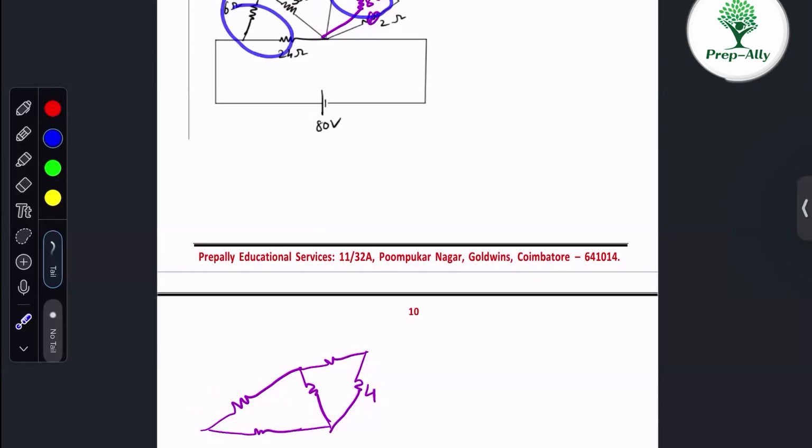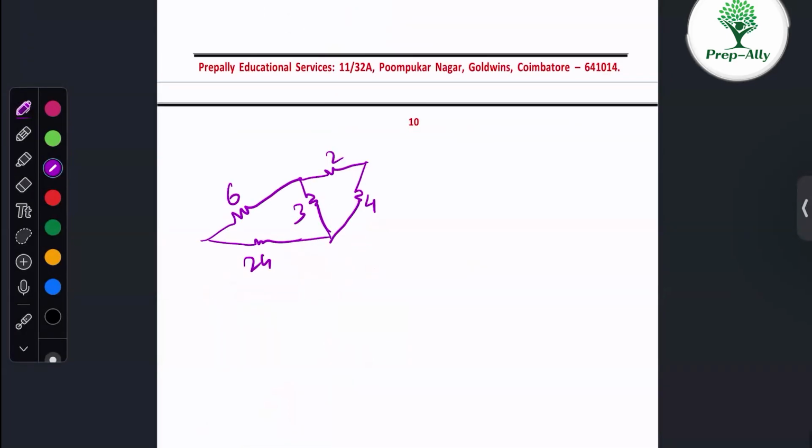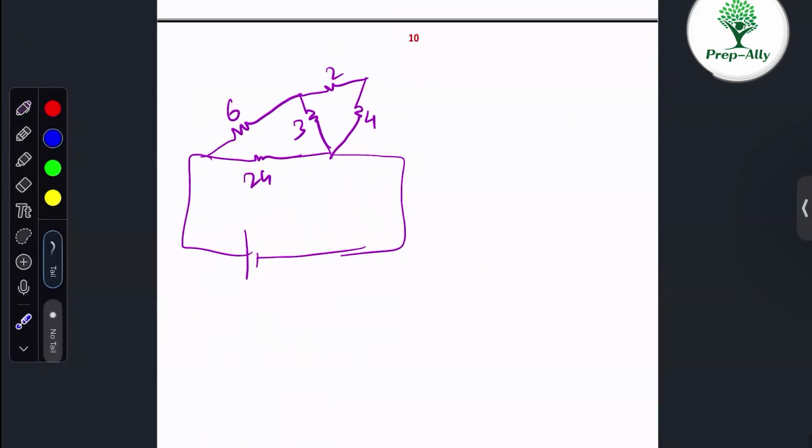Apart from that, 6 and 24. So 6, 24, 3, 2. Now here 4 and 2 are in series, so we can combine them as 6 ohms. This is the method for combining this circuit. So these two together will be 6 ohms. And then 6 and 3 in parallel will give you 2 ohms.